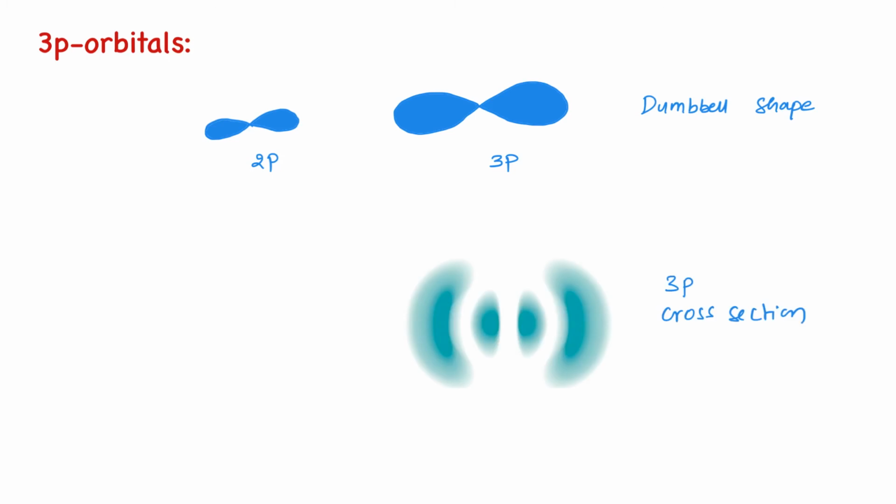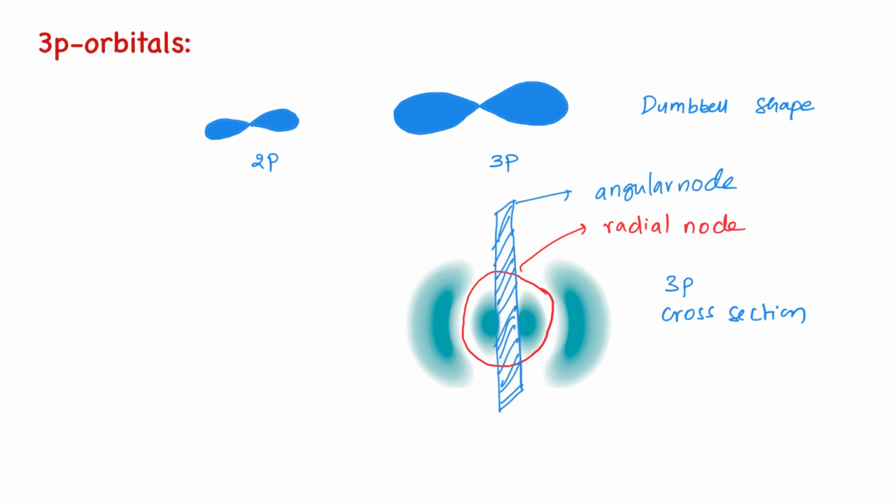If we look at the cross section of the 3p orbital, we see one spherical shell of zero electron probability between the regions of high electron probability. That is, there is one radial node. In addition, there is a plane separating the two lobes of electron density, which is an angular node.